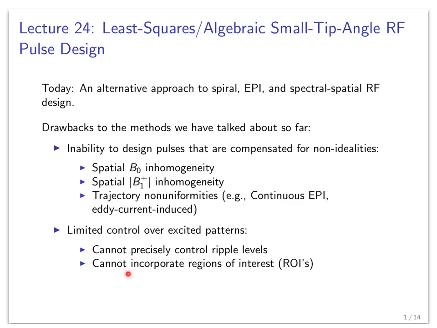We also cannot incorporate regions of interest, and I'll show through an example what I mean by that. Let's say you are trying to excite a uniform flip angle pattern over the body, but because you don't care about air, you'd rather leave the air outside the body outside of the design problem, because you don't care what your pulse thinks it's doing there. So regions of interest are a way to incorporate that prior knowledge into the pulse design.